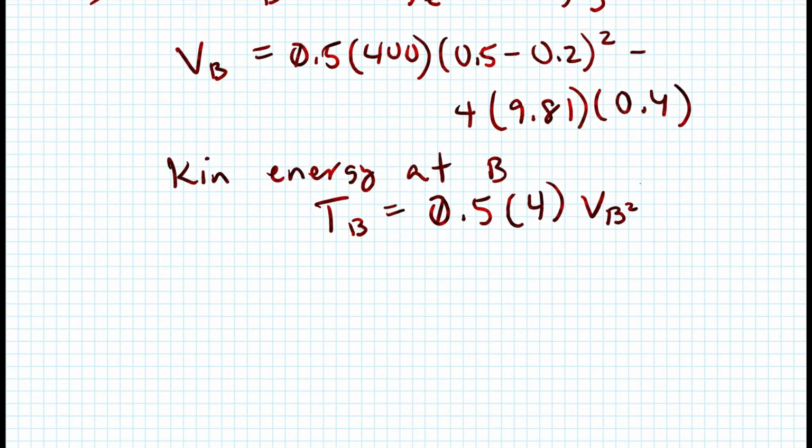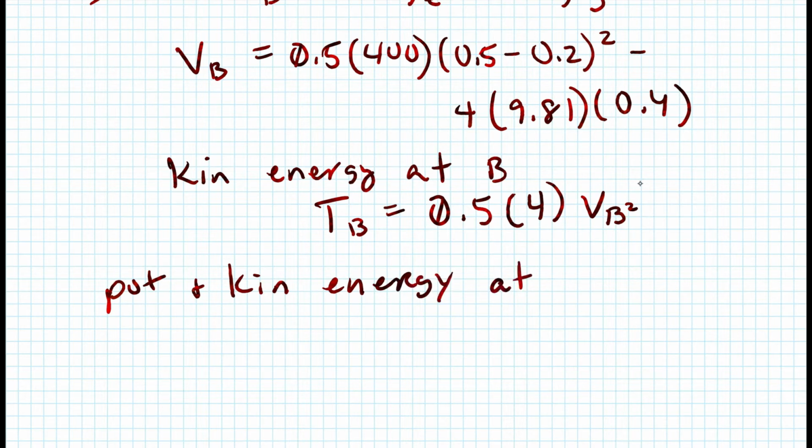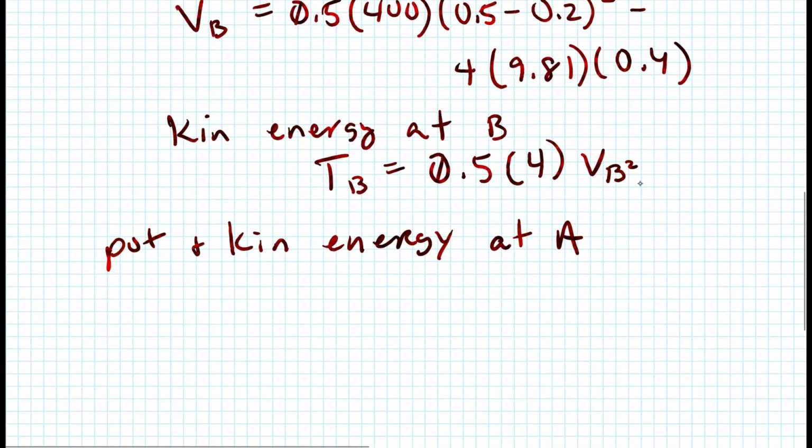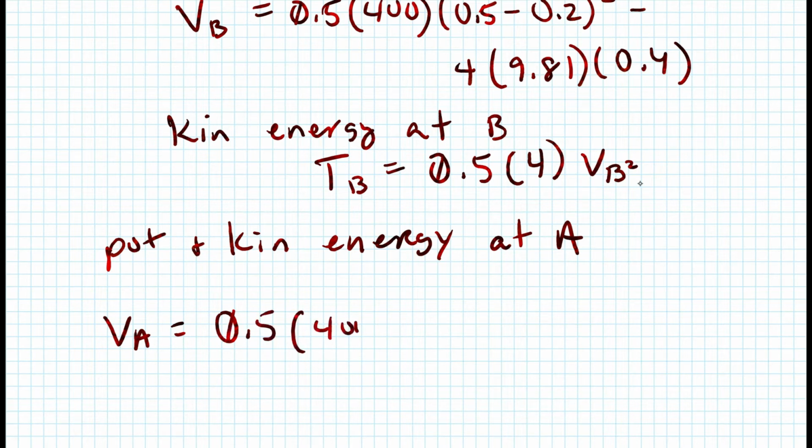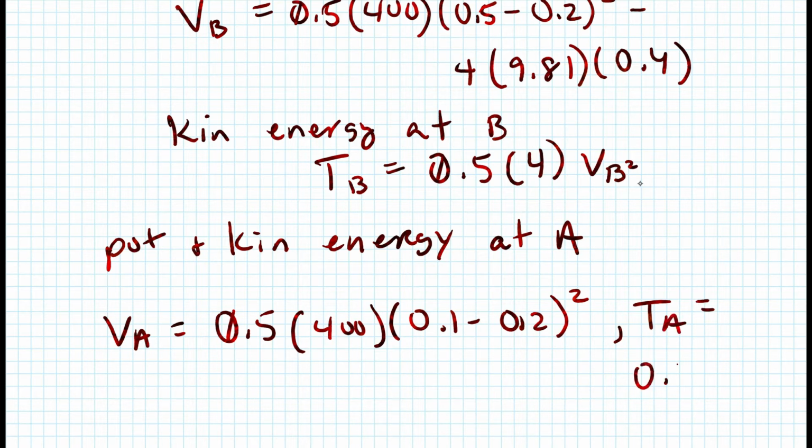Similarly, the potential and kinetic energies at A will be: V sub A is equal to 0.5 times 400 times (0.1 minus 0.2) squared. T sub A is 0.5 times 4 times 2 squared.